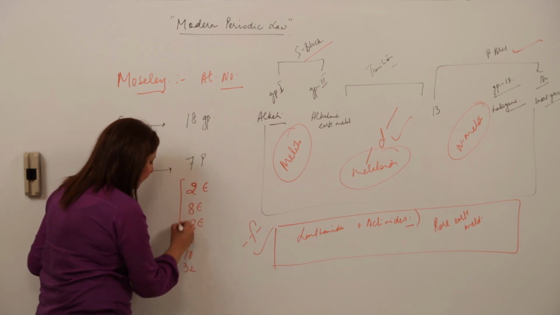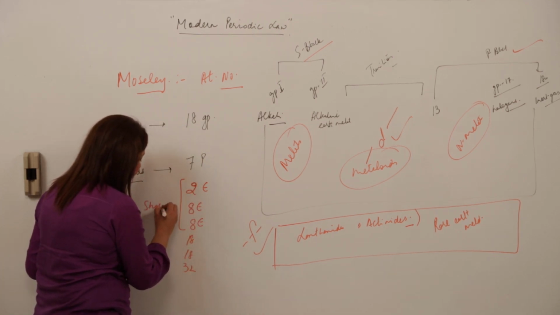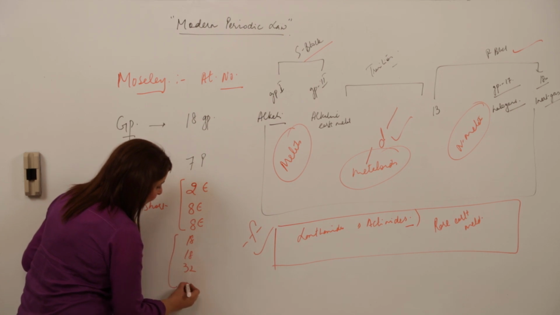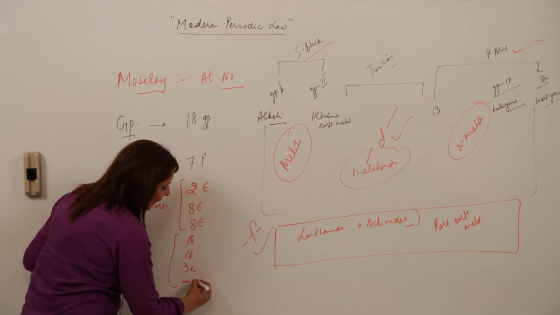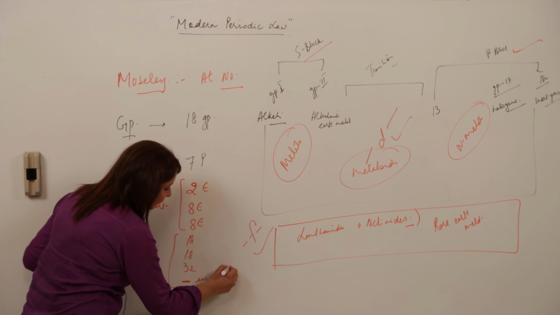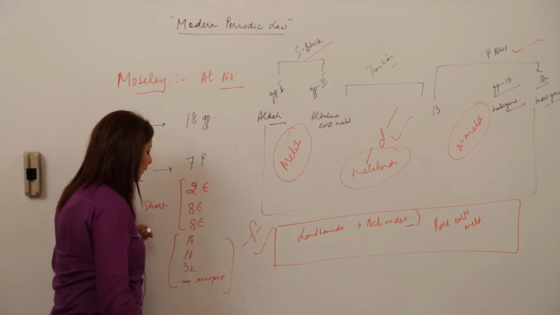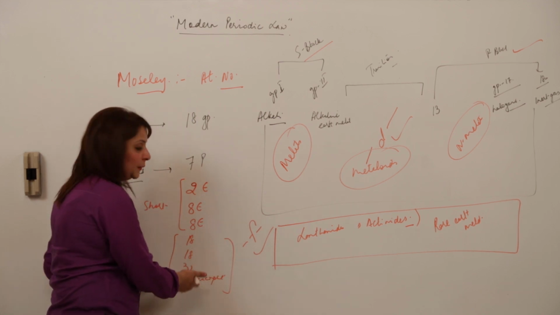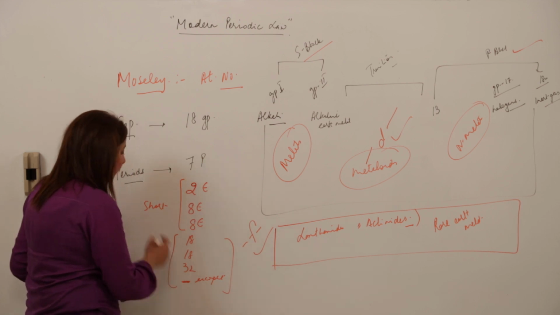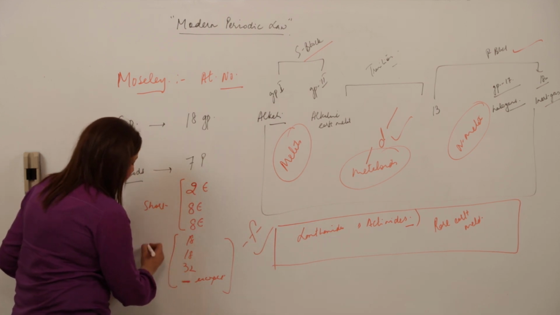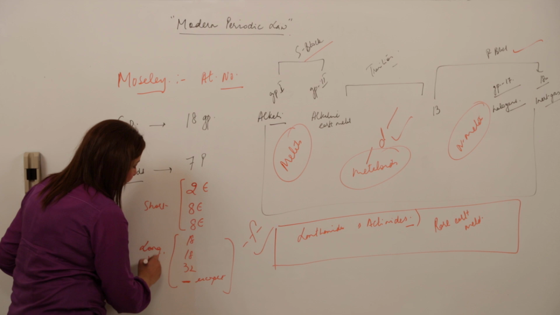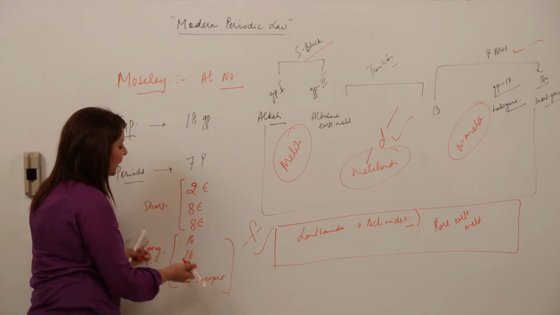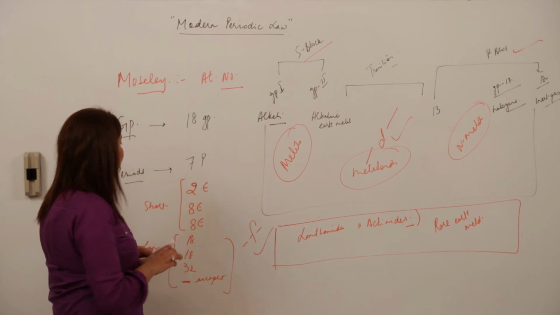So these 3 are called short periods and these are called long periods. The last period is actually an incomplete period, but still it is going to get approximately 32 electrons, so more than 32. So they are actually called the long periods.